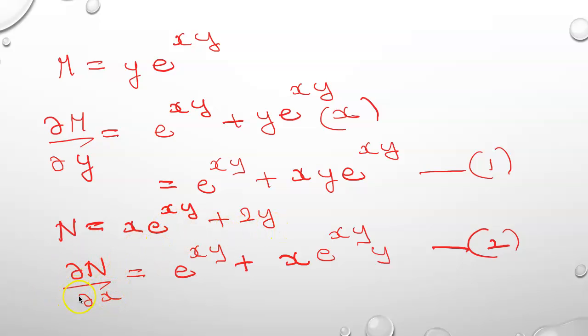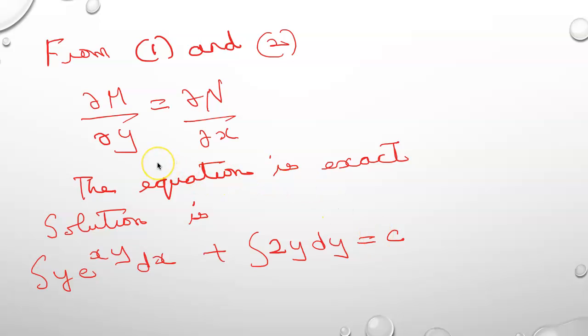So what is the partial derivative of N with respect to x? We apply the product rule here. e raised to xy plus x e raised to xy into the derivative of xy with respect to x, which is y. So what can we say from 1 and 2? That the partial derivative of M with respect to y equals the partial derivative of N with respect to x.